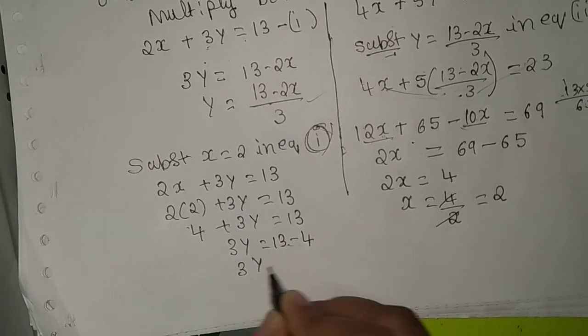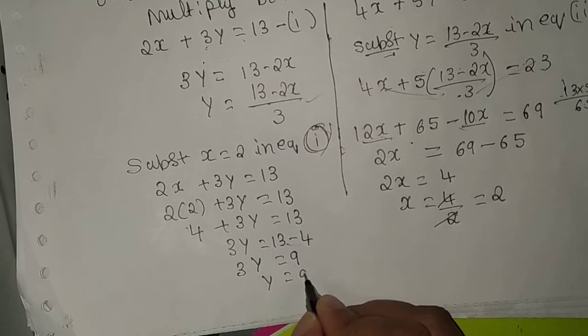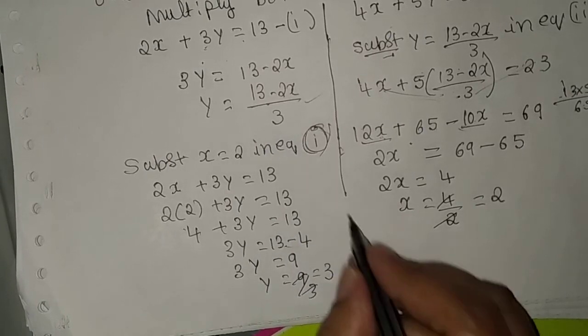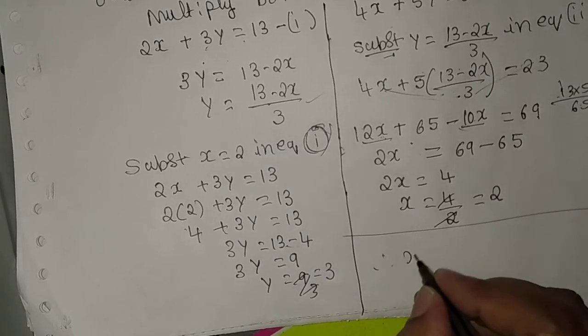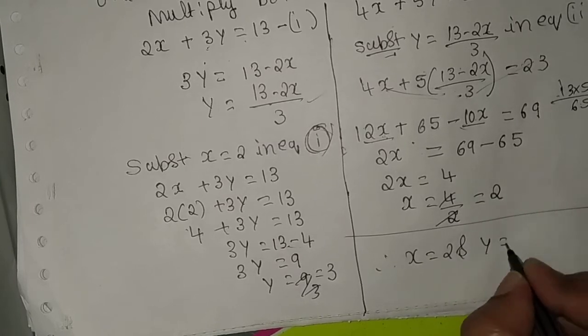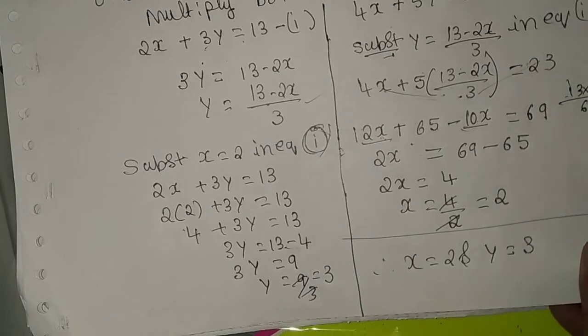So 3y is equal to 9, therefore y is equal to 9 by 3, which is 3. So finally we got the x value as 2 and y is equal to 3. So this is the solution for the fourth one.